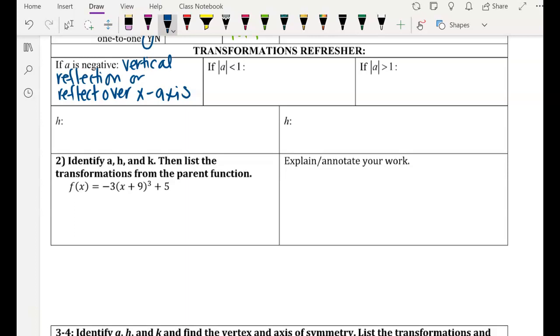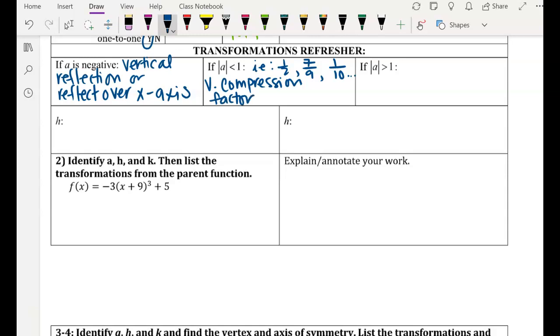Now, if the absolute value of a is less than 1, for example 1/2, 7 over 9, 1 over 10, anything like that, this is going to be a vertical compression. And the word vertical itself is very important.